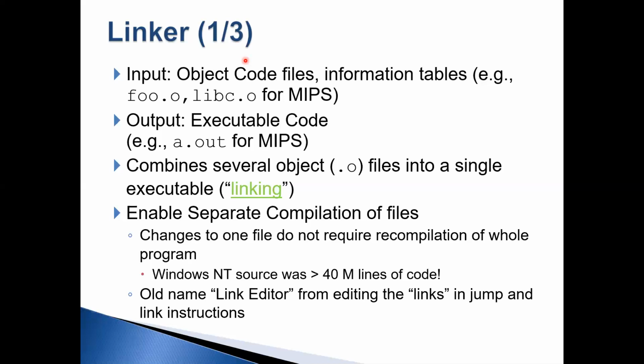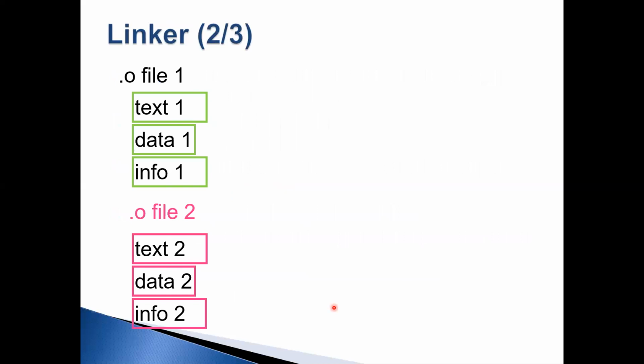And the whole idea again, the name linker stems from link editor, so you can actually arrange how you link the instructions, link the program. Now let's take a look at the illustration of how it works.